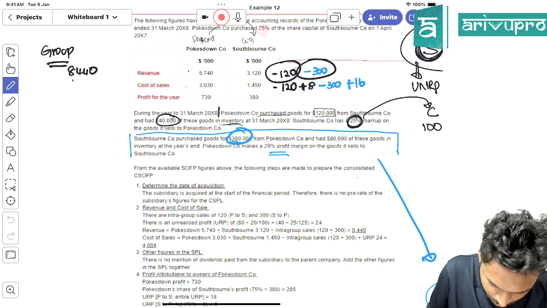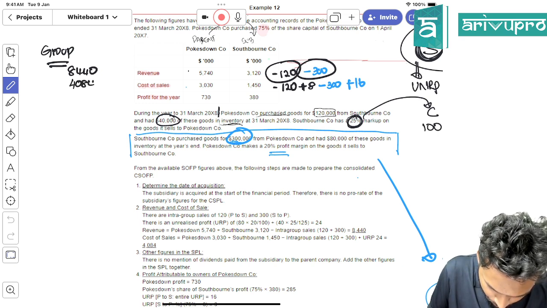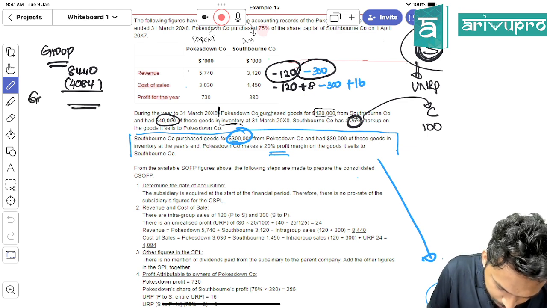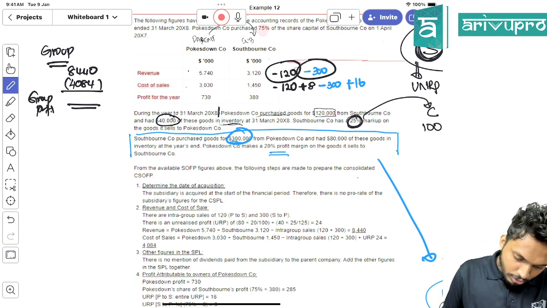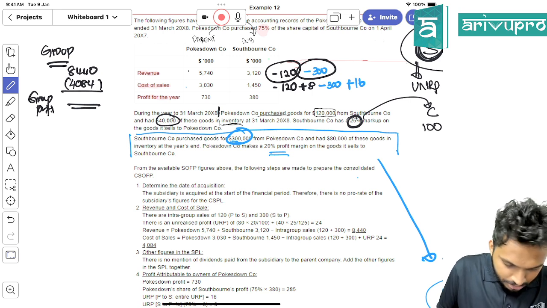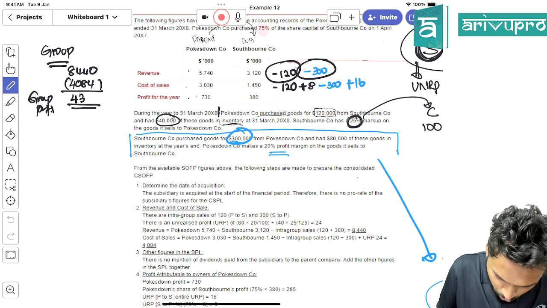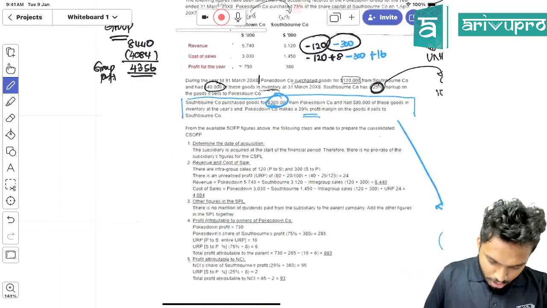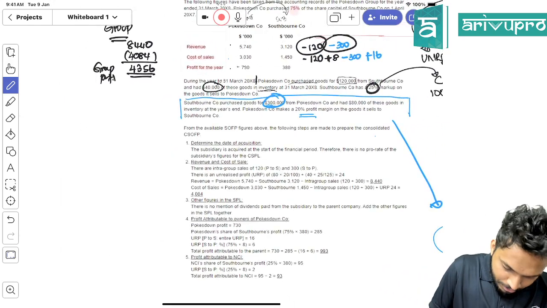So it's going to be 4,084. So your group profit is going to be 8,440 minus 4,084. It needs to be 4,356. Now you need to distribute your profits.